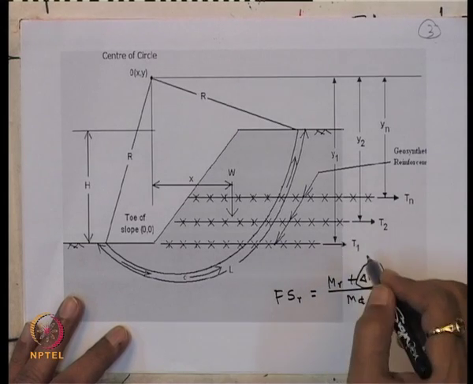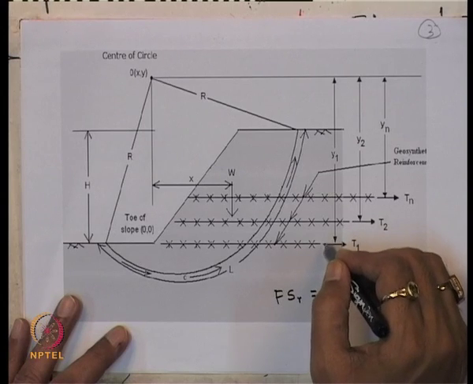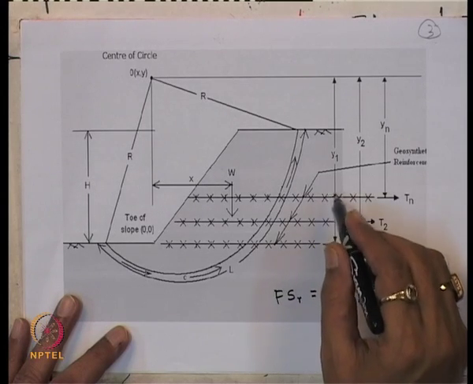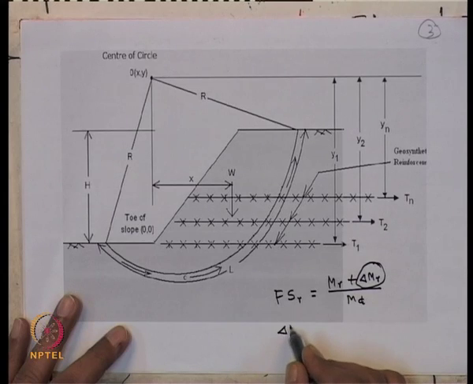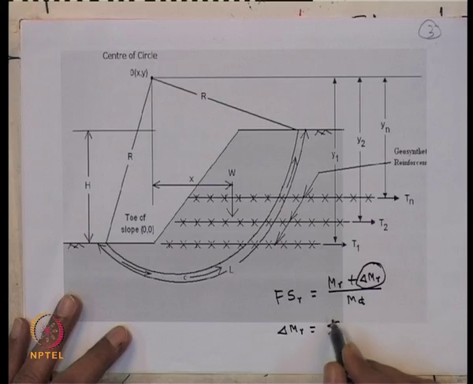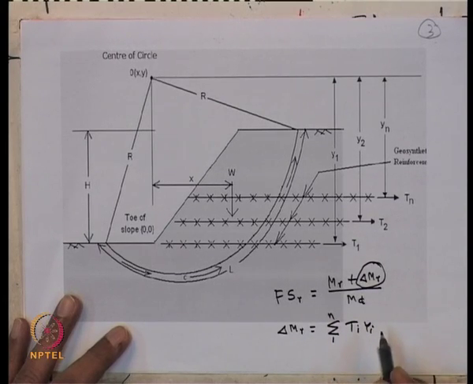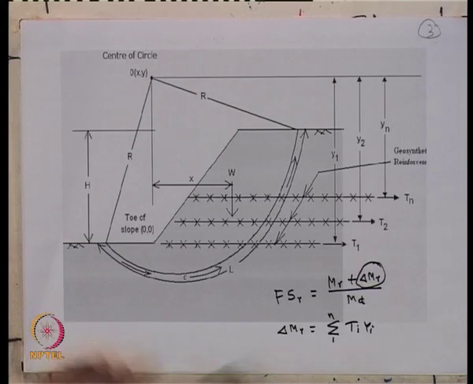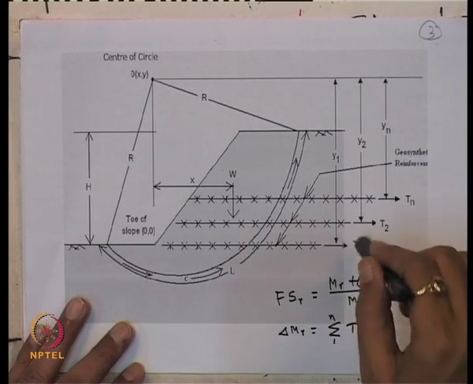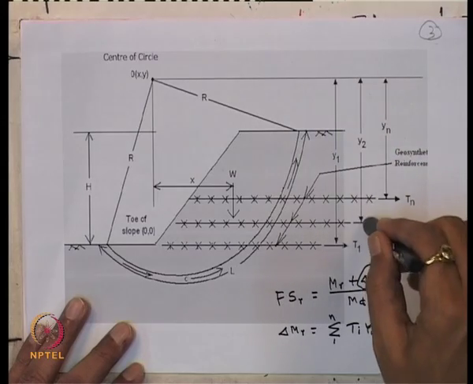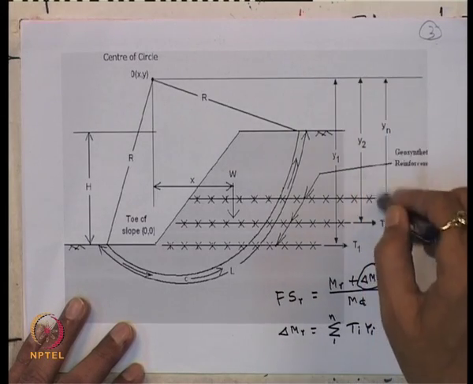If you use a number of layers of reinforcement, then delta Mr will be equal to the summation from 1 to n of Ti into Yi. So you can take T1 into Y1 plus T2 into Y2, and like that up to Tn into Yn.